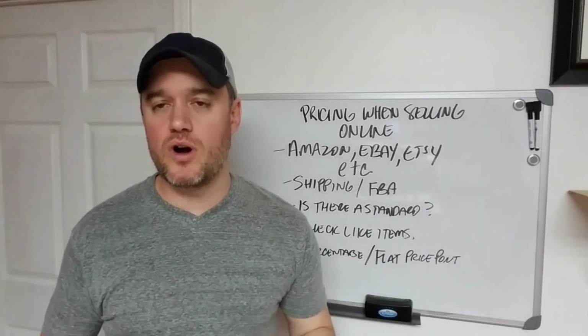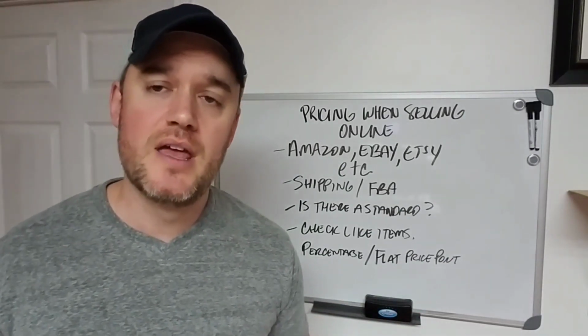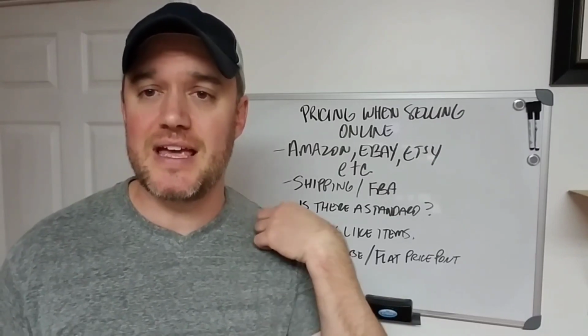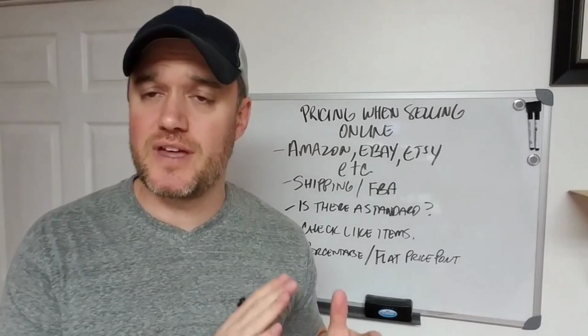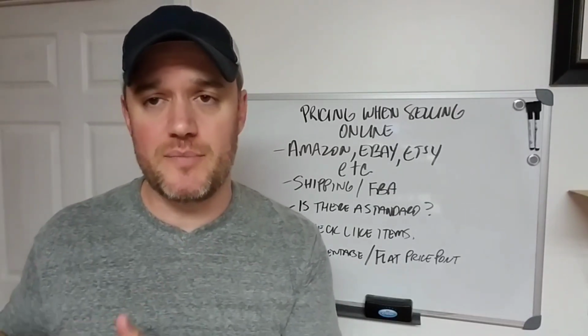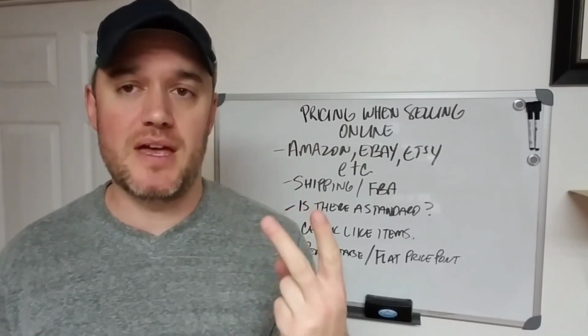Now, you are producing a food product, or any product for that matter, and let's say you are making a cookie, okay? You have a set amount of ingredients for that cookie, and it costs you a set amount of money to produce it. But now you're selling on Amazon, eBay, Etsy.